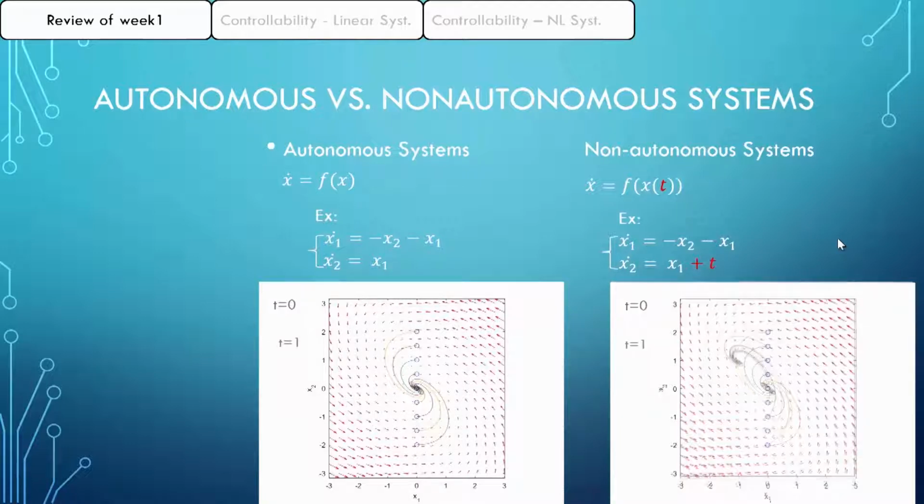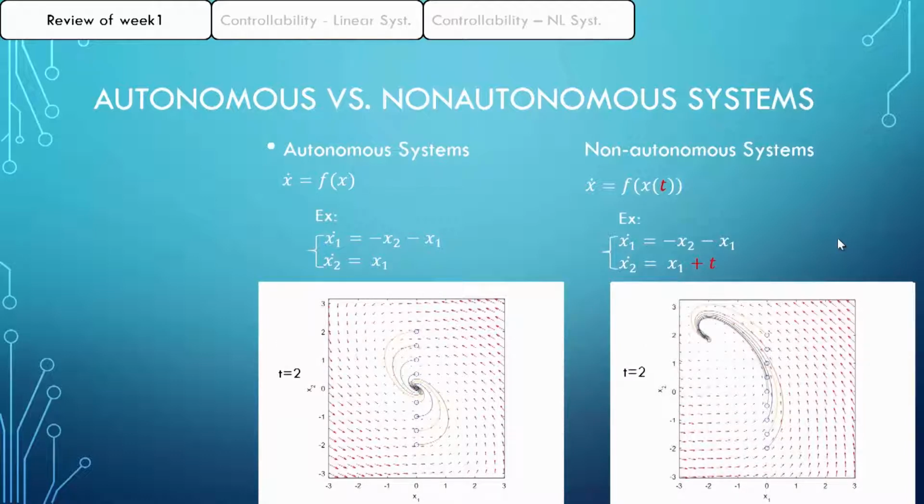And at the next time, t equal to 2, you keep moving to the upper left. So that's the difference between autonomous and non-autonomous systems. So you can imagine that this one is trickier when you design the controller.